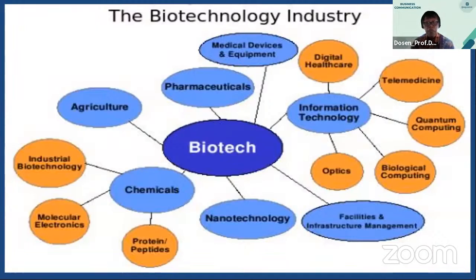Biotechnology has many different disciplines that increase the capacity of diagnostics, and we have nanotechnology, infrastructure in management, and for information, they develop many things, also biological computing through bioinformatics.